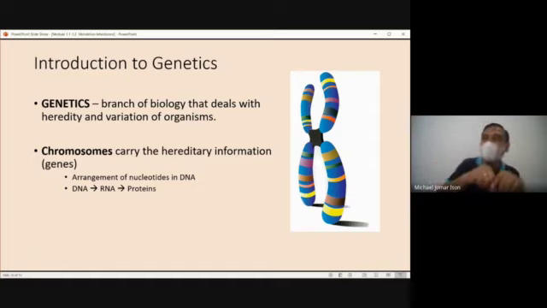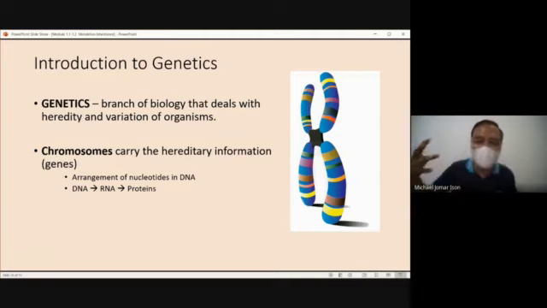We're dealing here with what we call the central dogma of molecular biology, or genetics, whichever you prefer. So DNA produces RNA, which produces proteins, and the DNA would be the molecule that makes up the chromosome.